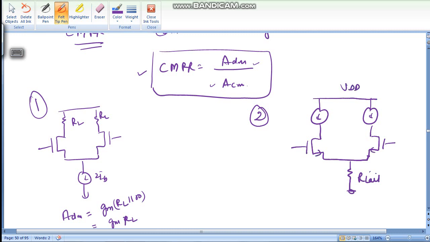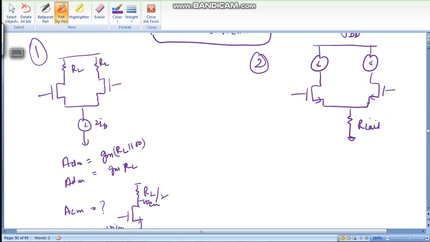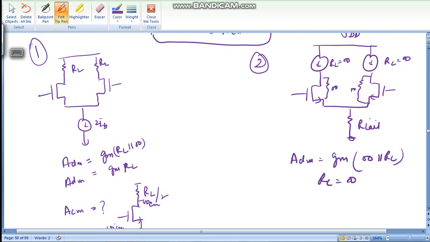Now for this circuit, this is RO, this is RO, and here RL is infinity because the current source has infinite resistance. We already found ADM is GM RO parallel RL. Now RL is infinity here, so ADM equals GM RO.